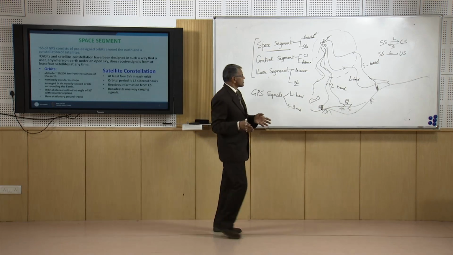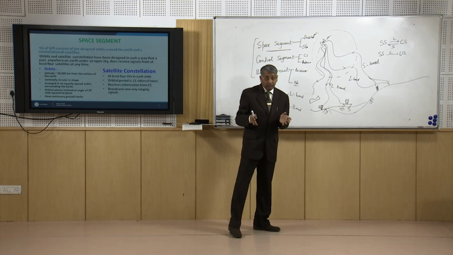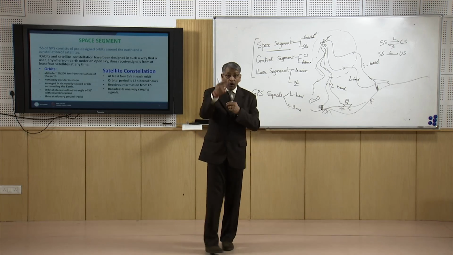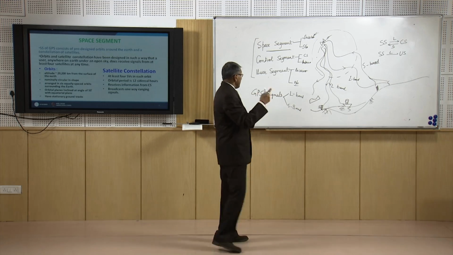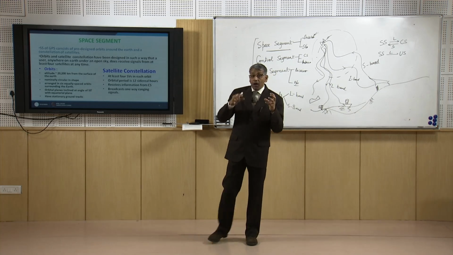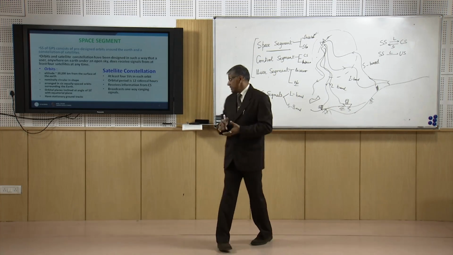At least 4 satellites or signals from 4 satellites will be available. That is the way the orbital path has been designed, and the spacing of the satellites was kept.